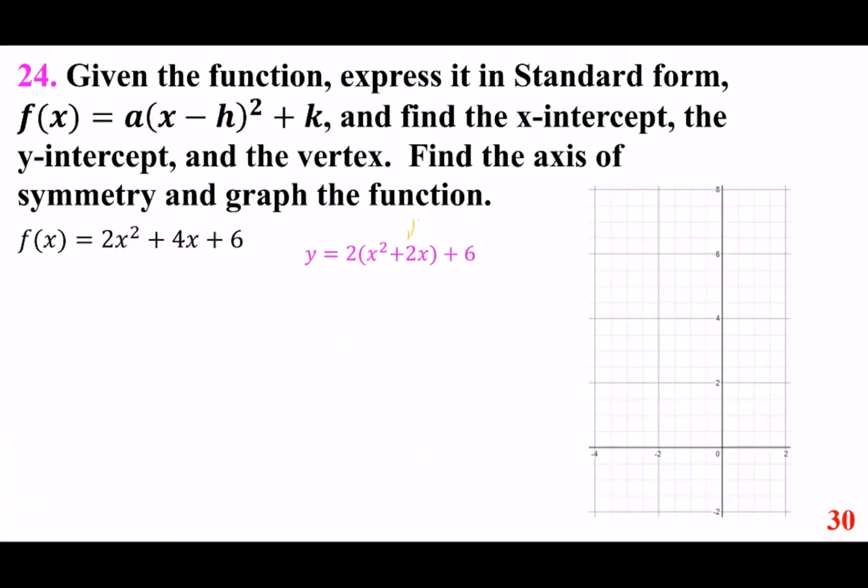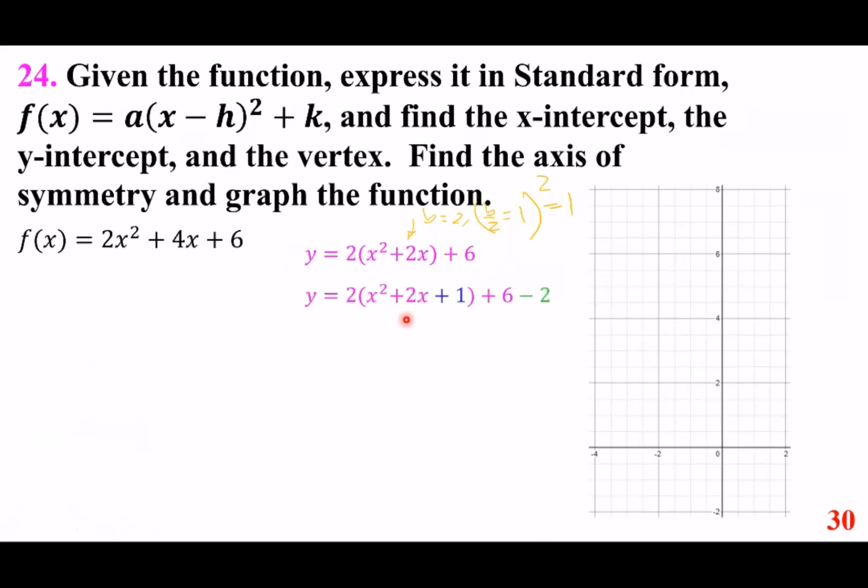which means b is 2, divided by 2 is 1, and if you square it, you get 1. So we're going to add 1 inside the parentheses. If I add 1 in here, that means I'm adding 2 times 1. So either I add 2 to this side or subtract it from the same side.